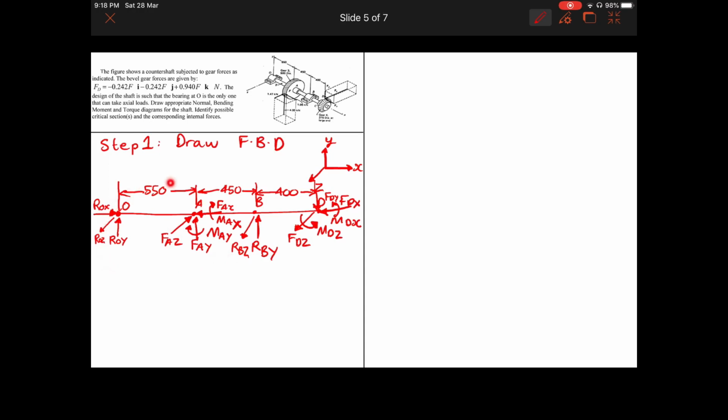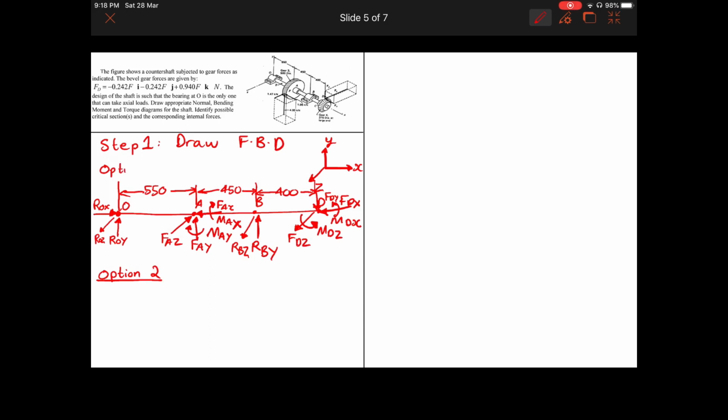Now it looks really complex and it might take some time to identify the forces accurately in this free body diagram. So we have another option to split this into two separate free body diagrams. So I'll mention this as option 2.